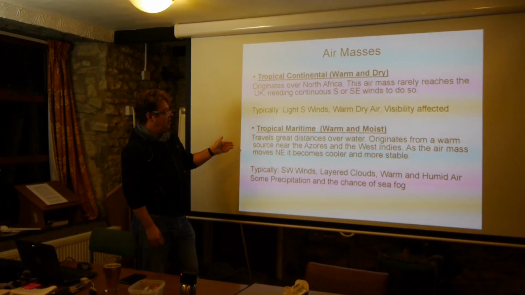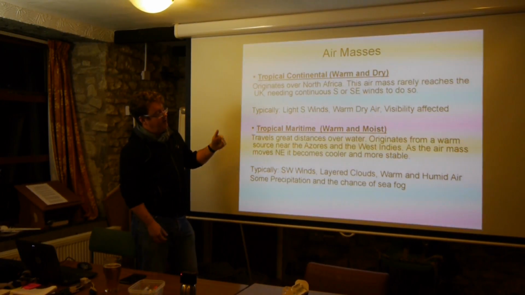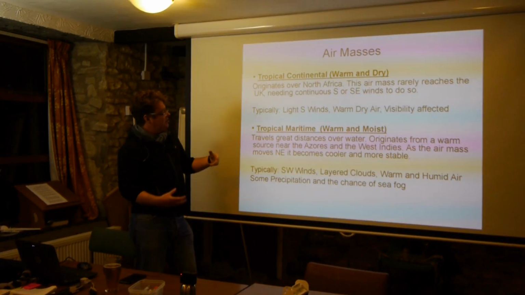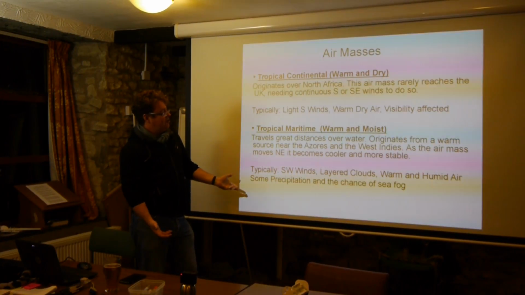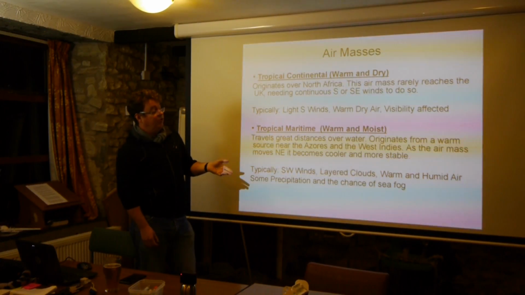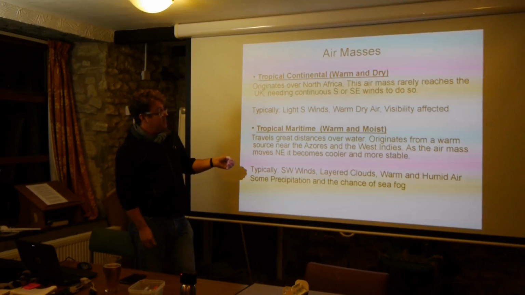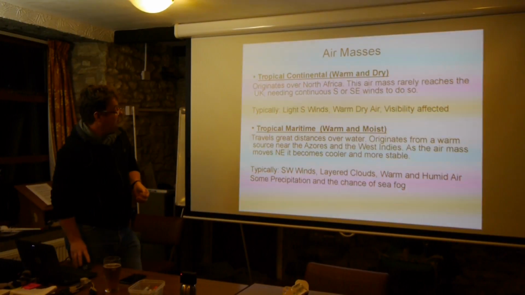We'll see it when we have southwesterly winds. Normally there are layered clouds. There's warm, humid air. There's often some precipitation, and particularly in the colder parts of the year, autumn, winter and spring, you'll often have sea fog associated with this particular kind of air mass.